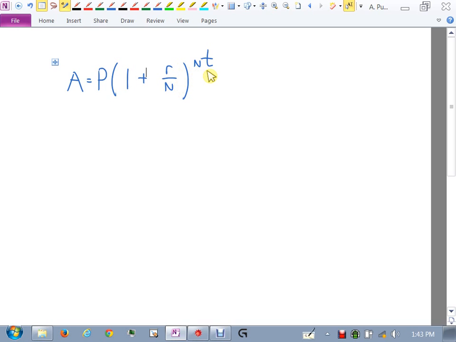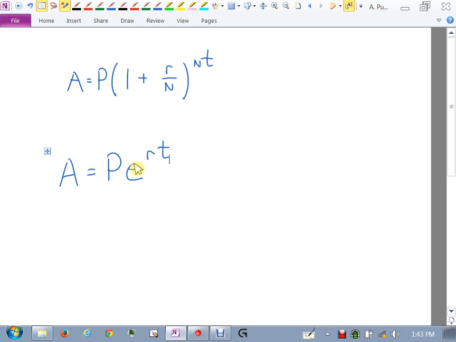Did anyone see that and remember seeing that formula? Yes? Okay, do you remember seeing this formula? I know when I teach college algebra, I call this the shampoo formula, like PERT, you know, PERT shampoo. Don't act like you don't know what PERT is. So P e to the RT.